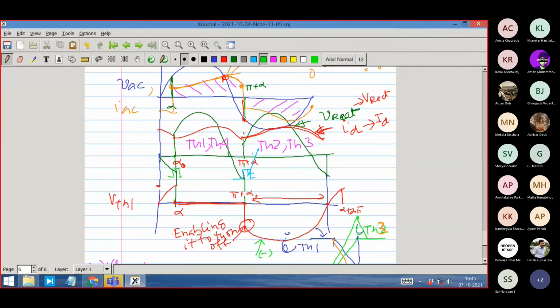But a MOSFET cannot block a negative voltage because its body diode will conduct. So the thyristor is a simple, unique device which has the ability to block both forward and negative voltage.